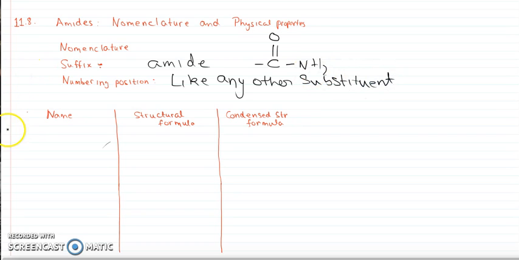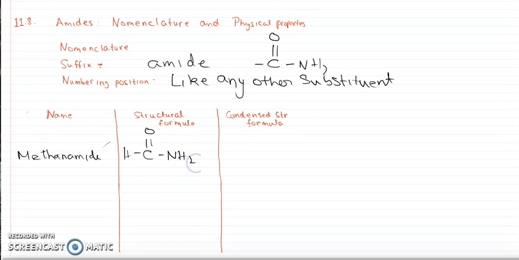Start naming. The first one, which is a derivative of the methane group, is methanamide, structural formula HCONH2.